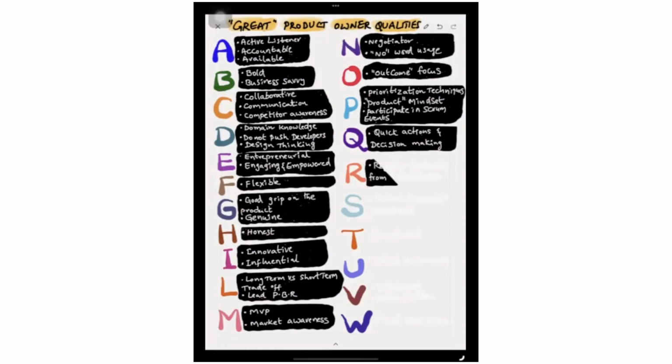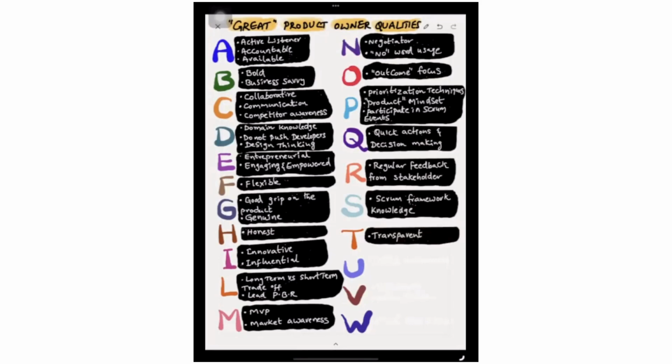And great product owners will be having regular feedback from stakeholders. They involve the stakeholders very often, time to time, and they show the product, they get the feedback from stakeholders. And great product owners will have a good understanding of the Scrum framework and the knowledge about Scrum. And great product owners will maintain transparency always in the information, their actions, communication, all these things.